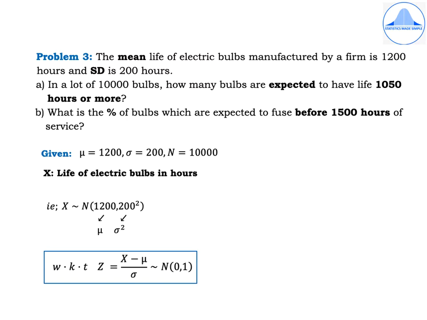In terms of notation, you can write it as X follows normal. Within brackets, write the parameters 1200, 200 square, that is nothing but mu and sigma square. Then write the formula for the standard normal variate, that is z equal to x minus mu by sigma, which follows normal 0, 1.